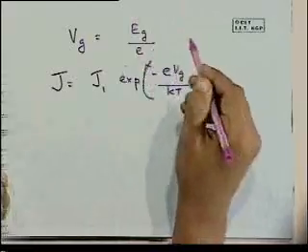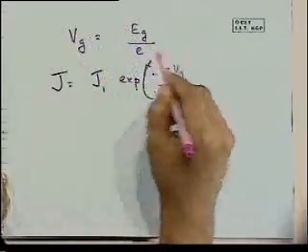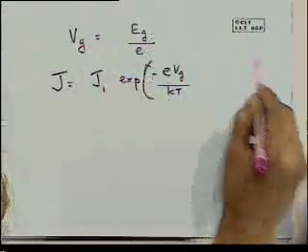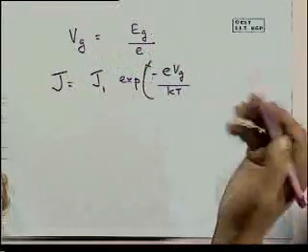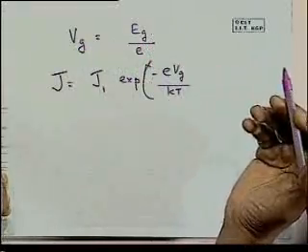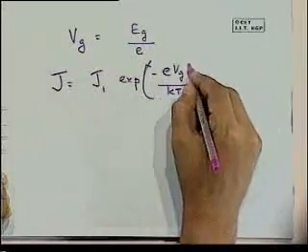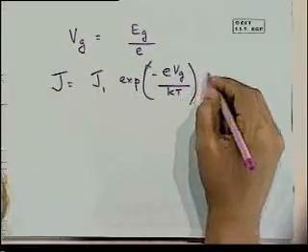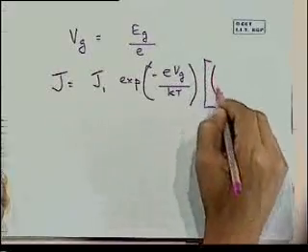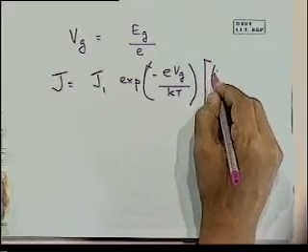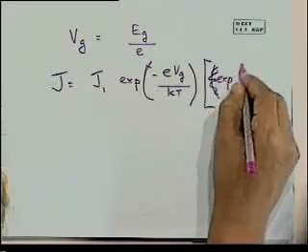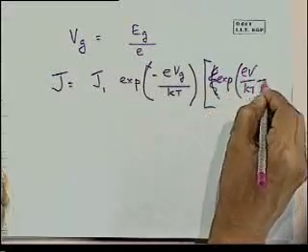We are making a substitution for the Ni. If you look up the expression we had earlier for Ni in terms of Eg, and then Eg is substituted as e Vg, we can make this substitution very easily and get J is equal to J1 exponential minus eVg by kT, and then the other term, exponential eV by kT minus 1.